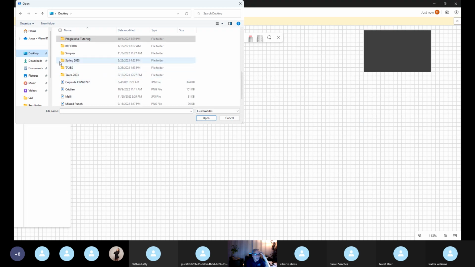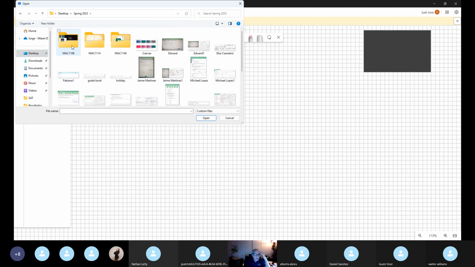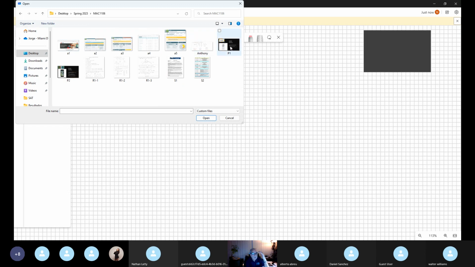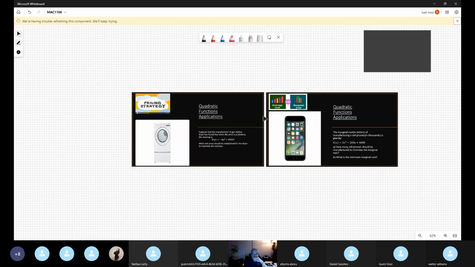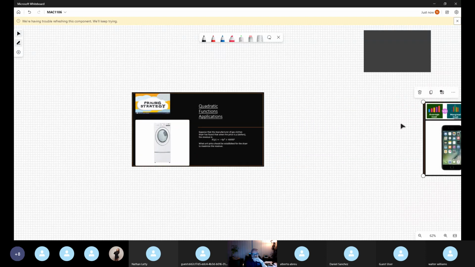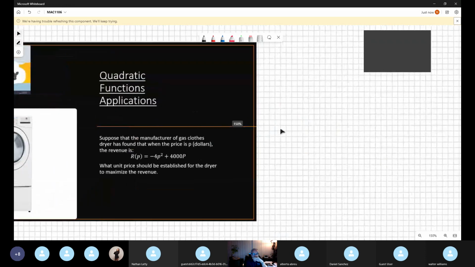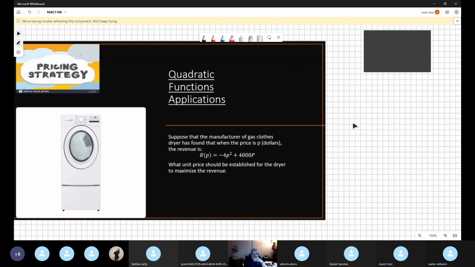Okay. Let's do this first. Make a zoom. It's a quadratic function application.